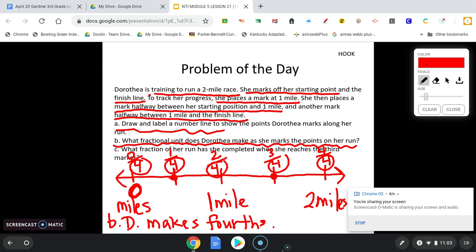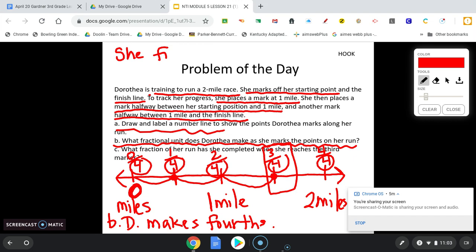So let's do that. Let's go first marker, second marker, third marker. So what fraction of the race has she completed? Very good. She has finished 3/4 of her run when she gets to the third marker. And because I don't have room, I'm going to write it up here.